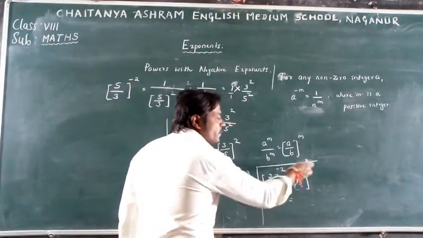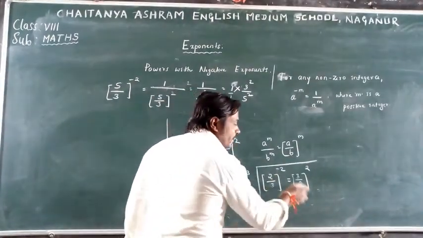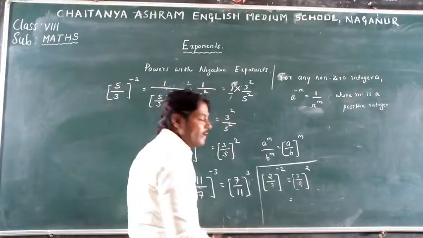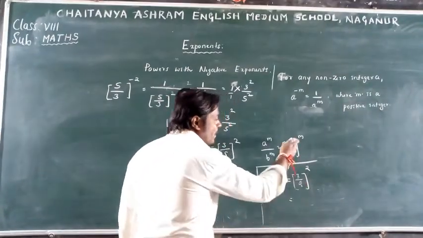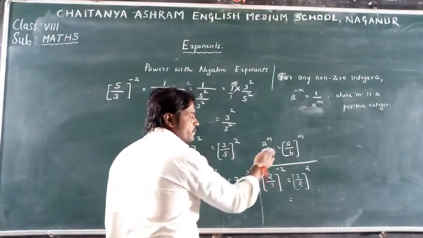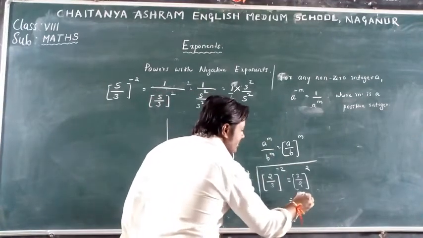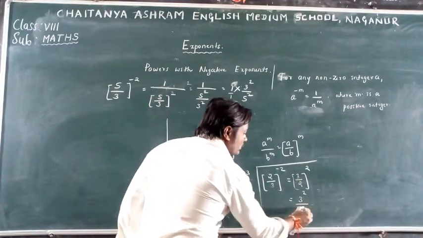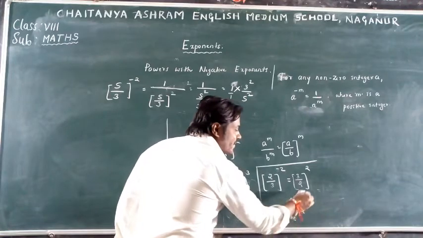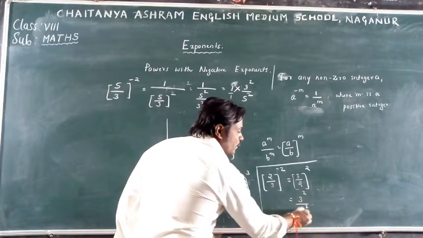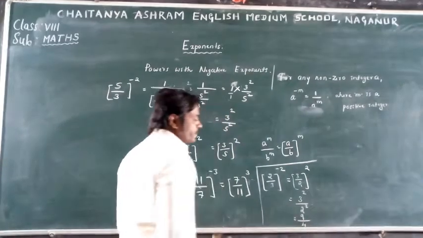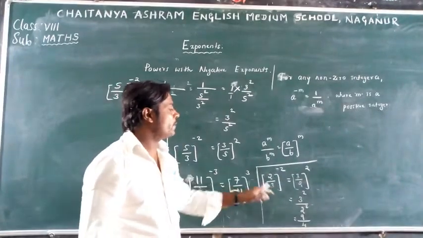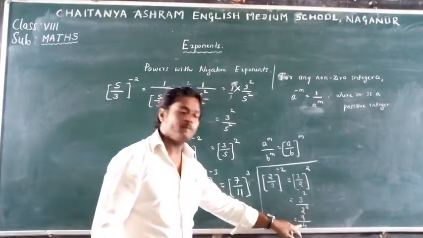3 by 2 raised to the power 2 means 3 by 2 is multiplying 2 times, or this is fifth law of exponent, reverse process of fifth law of exponent. This is same as 3 raised to 2 divided by 2 raised to 2. This is equal to 3 raised to 2 is 9, 2 raised to 2 is 4. The value of 2 by 3 raised to the power minus 2 is 9 by 4.